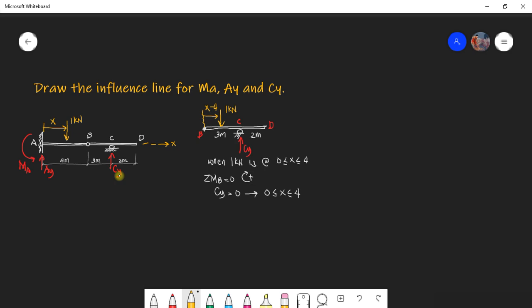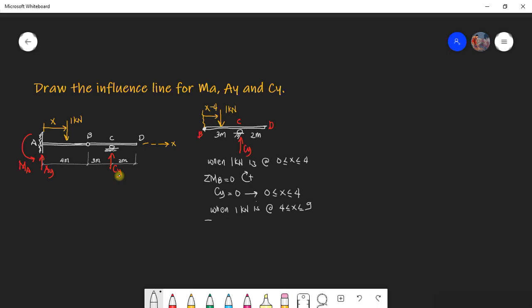That is when X is greater than 4, so the unit load is here, when the 1 kilonewton is at 4 but less than 9.